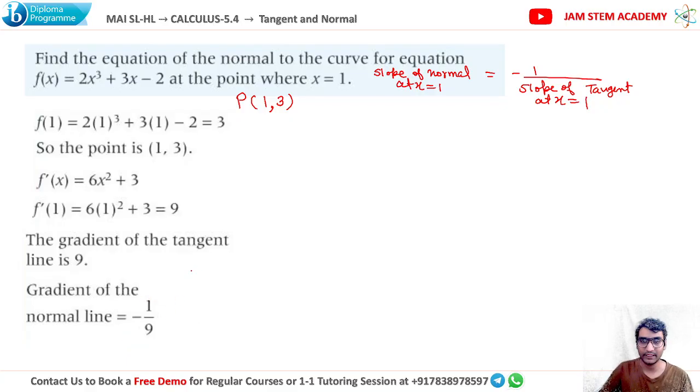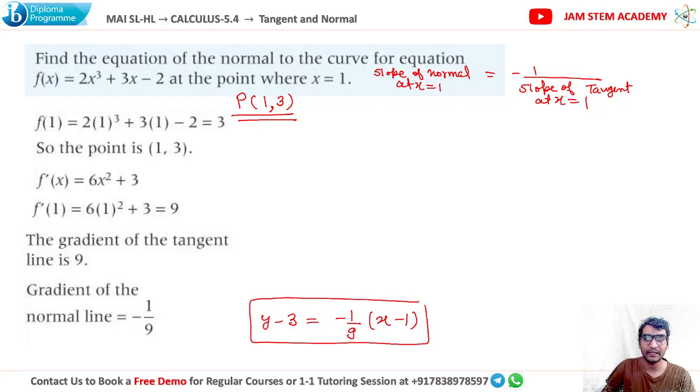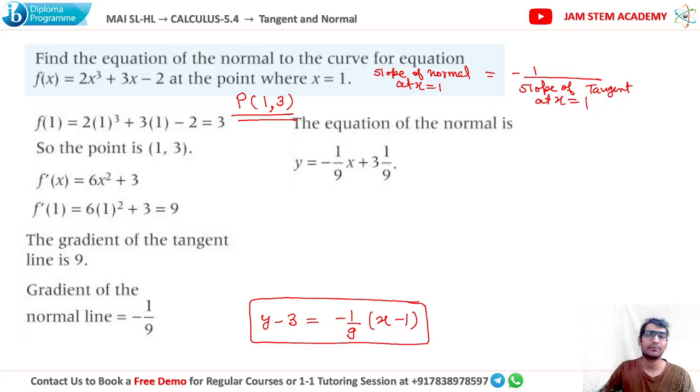Similarly, as we did for the previous question, we have the slope of the normal line, we also have the given point, which is 1 comma 3. Equation of the normal line will come out as y minus y1 equals negative 1 by 9 times x minus x1. And if we simplify, we can get the equation of the normal line in the standard form, which on solving comes out as y equals negative 1 by 9 x plus 3 and 1 by 9. So that's the answer.